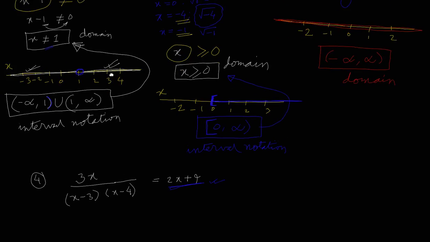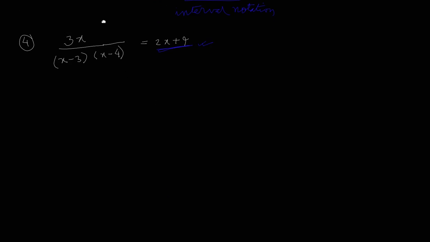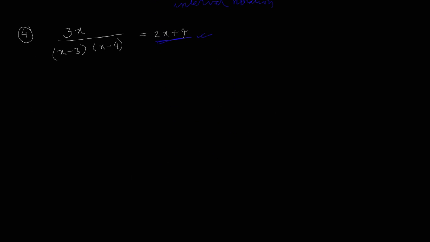So let us see this for this particular example. The whole denominator cannot be 0. That is the condition. So this box cannot be equal to 0, and inside it is x minus 3 and x minus 4.